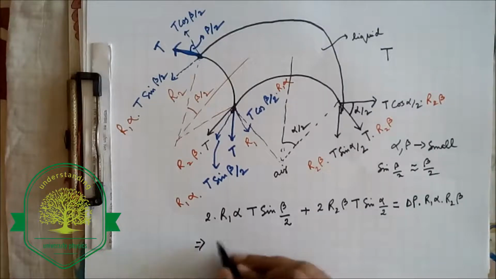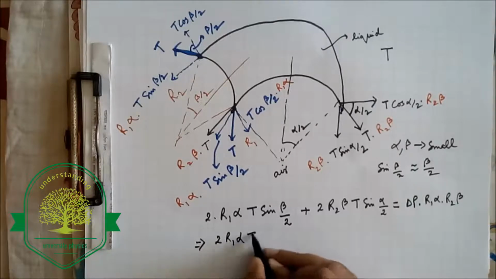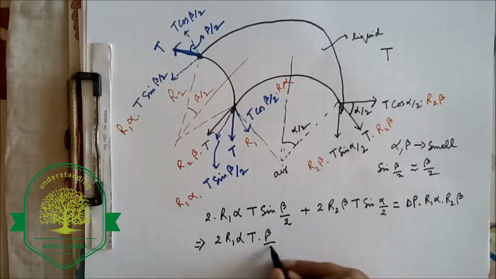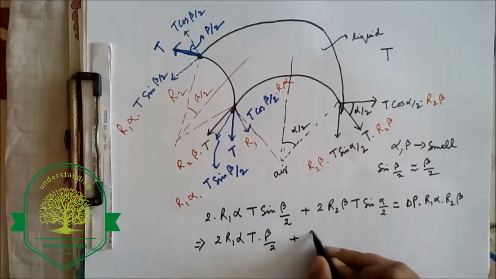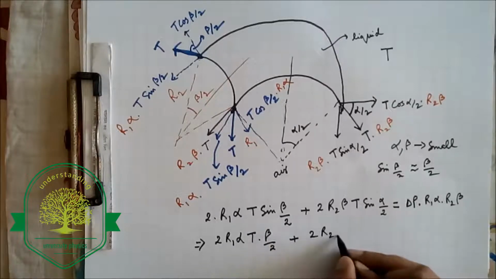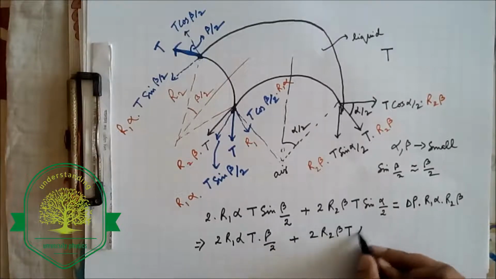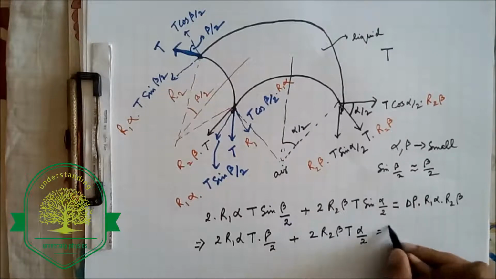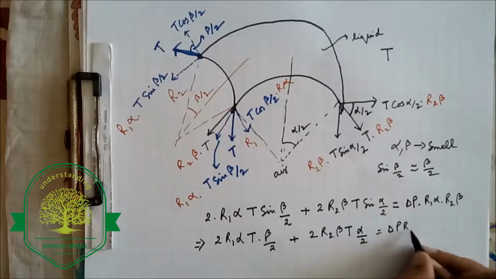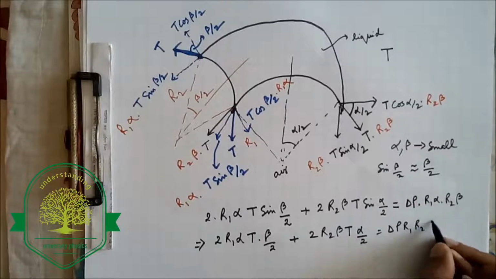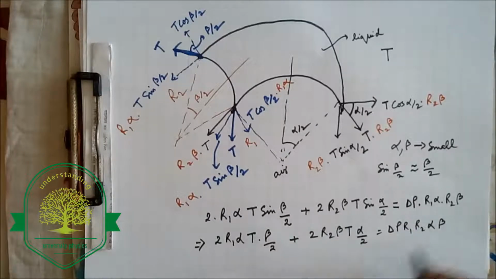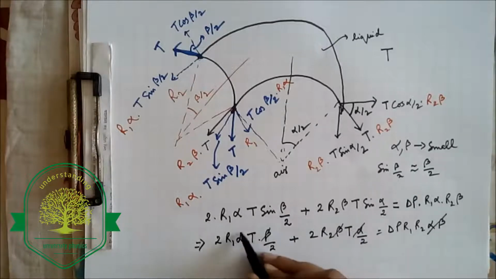So what we get is 2 R1 alpha T times beta over 2 plus 2 R2 beta T alpha over 2 equals delta P R1 R2 alpha beta. Note that alpha beta is common in all the terms, so they will get cancelled out. The 2 here and the 2 here, the 2 here and the 2 here, they will get cancelled out.